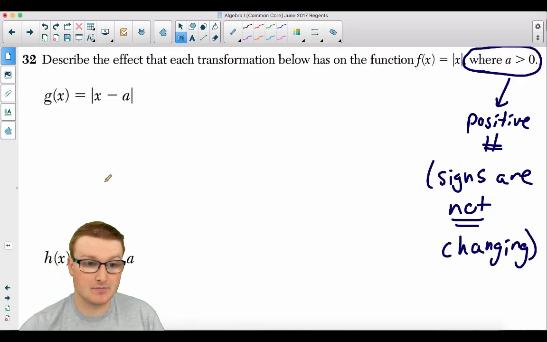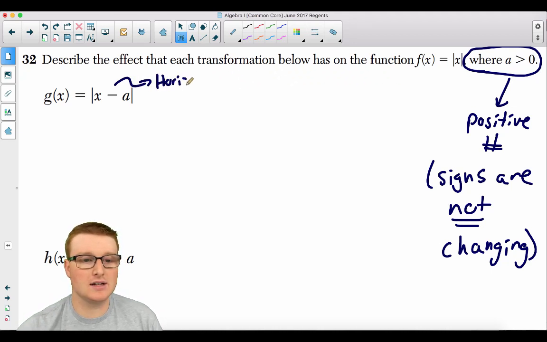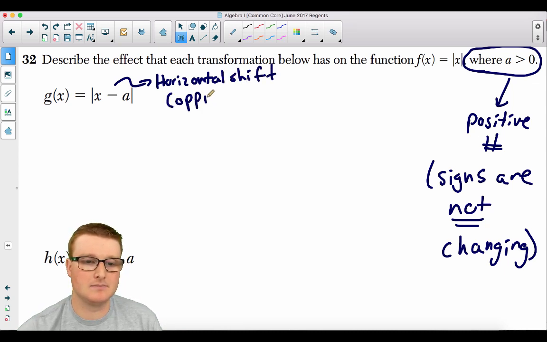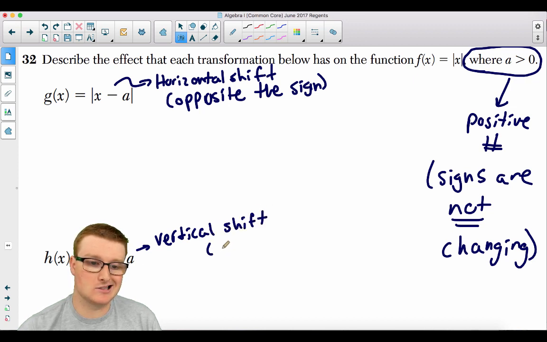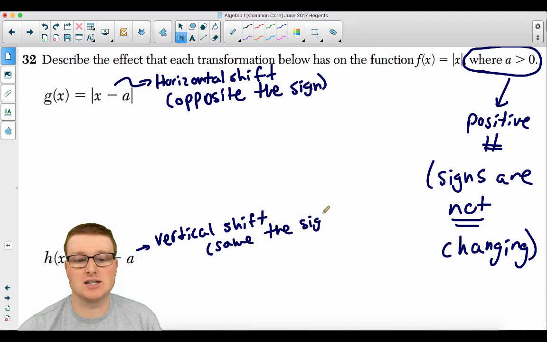So here we go. If it's in the absolute value bars, this is a horizontal shift, and it is always opposite the sign. Opposite the sign. This a is on the outside of the vertical bars. This is a vertical shift, and it is the same direction as the sign.